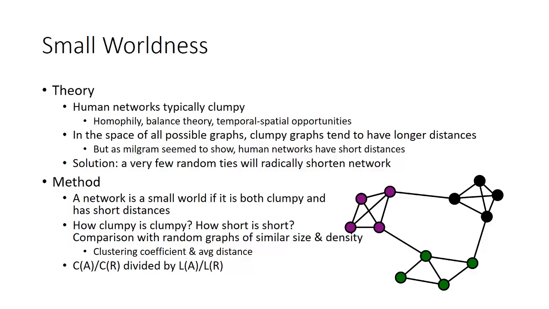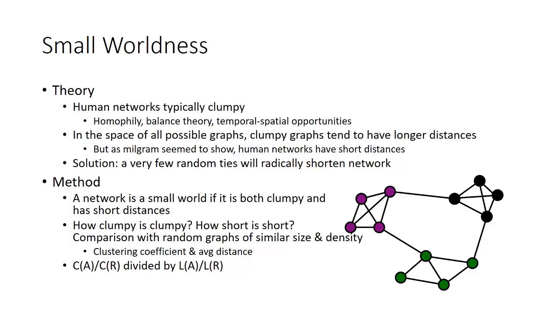So, in order to determine whether a network is a small world network, what people do is they measure the clustering coefficient, that's CC. They also measure the average distance between every pair of points. So from here to here is a 2, from here to here is a 1, and so on, so it's the average shortest path.